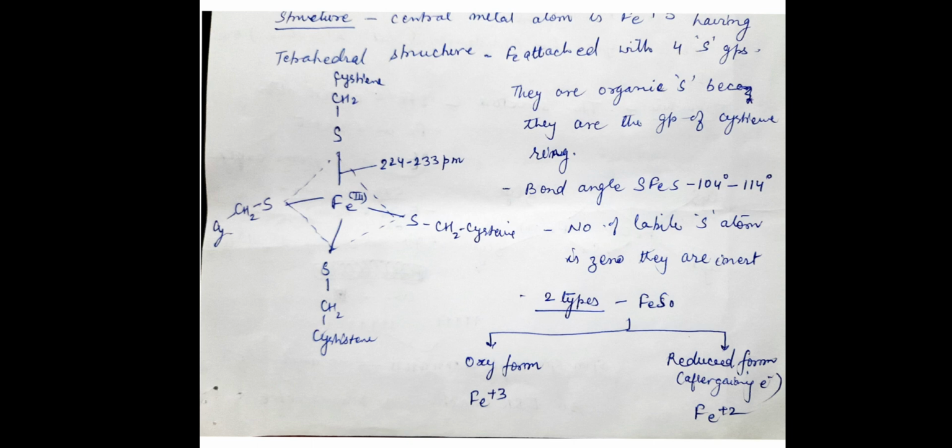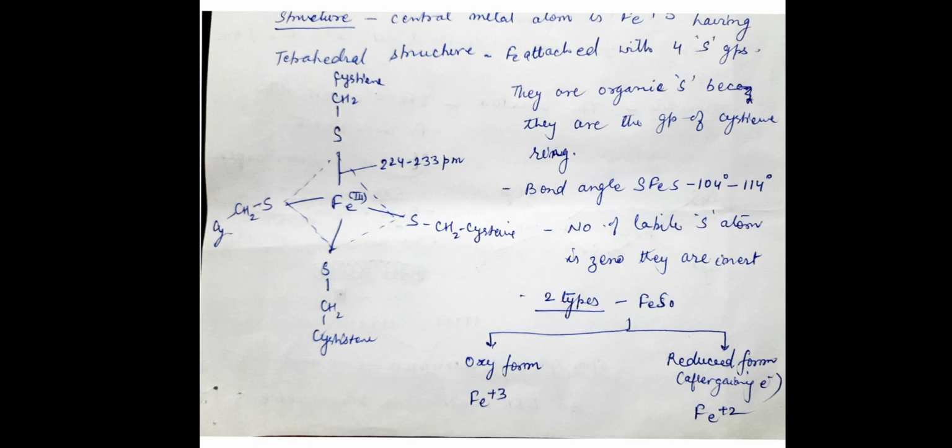They are organic sulfur because they are part of the cysteine ring. And here you see that sulfurs are 4. But in the general formula we saw FeS0. Now what is the difference? The bond angle between S-Fe-S is 104 to 114. This also varies from 104 to 114. The number of labile sulfur atoms is 0.